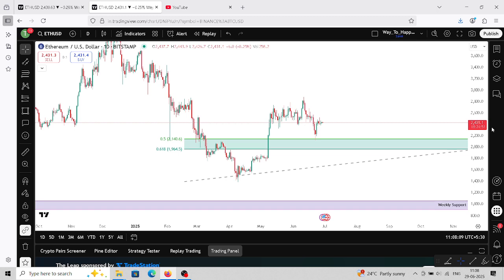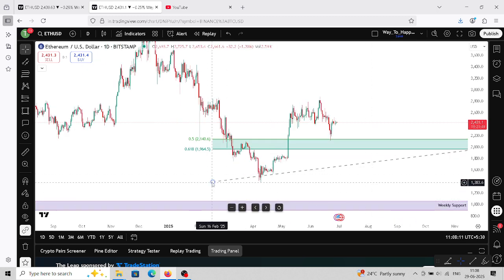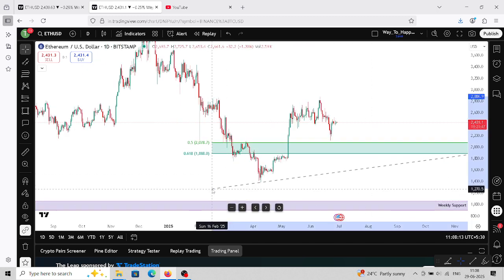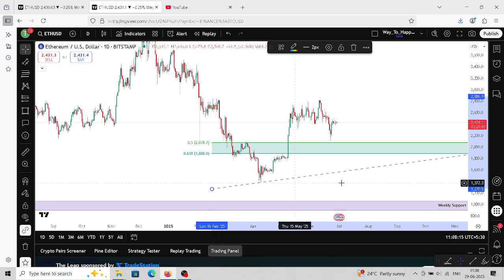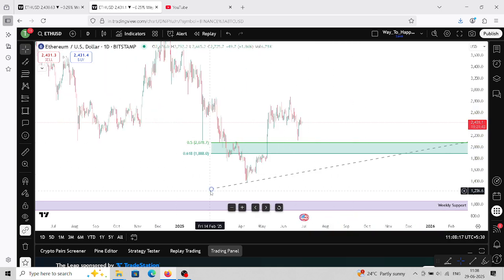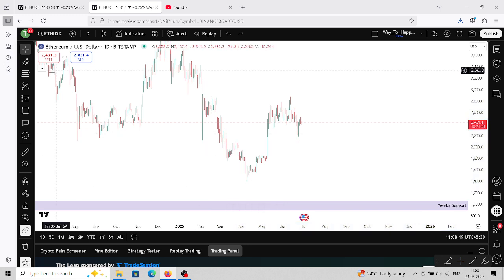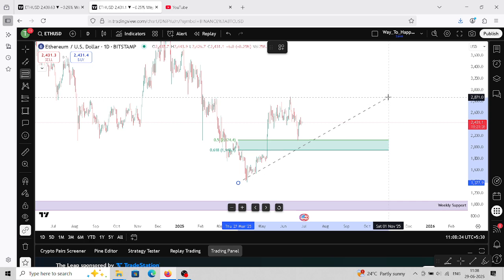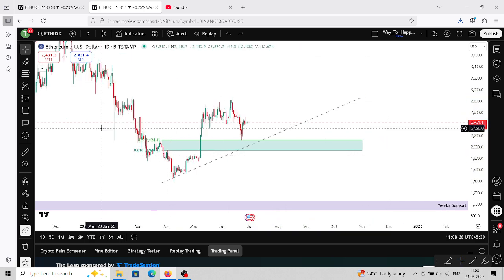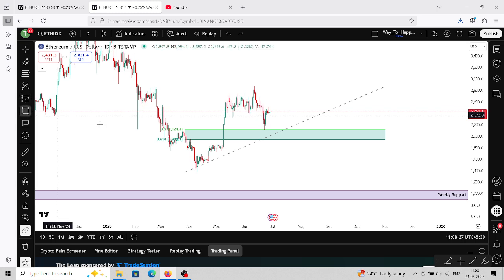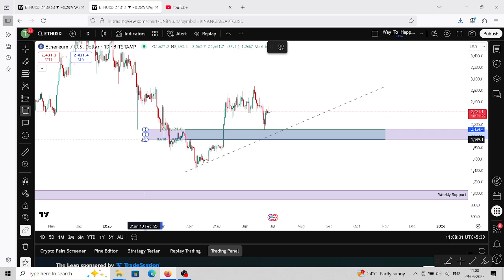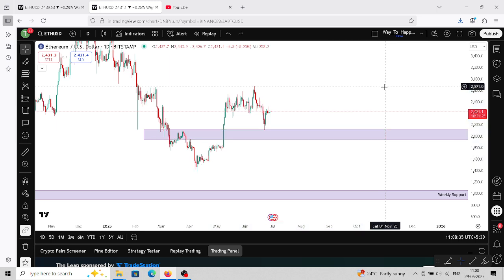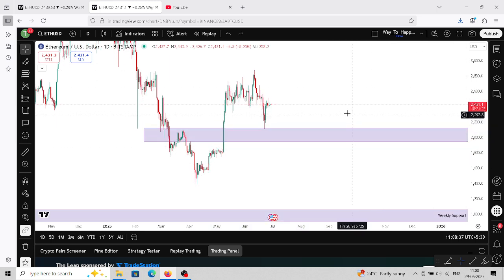Let me put the daily chart. This is the daily chart. If I go from here to here, this has become my 0.5, 0.6 area where the price exactly took support. If you see, guys, if you start using fib, your price action will be very, very easy.